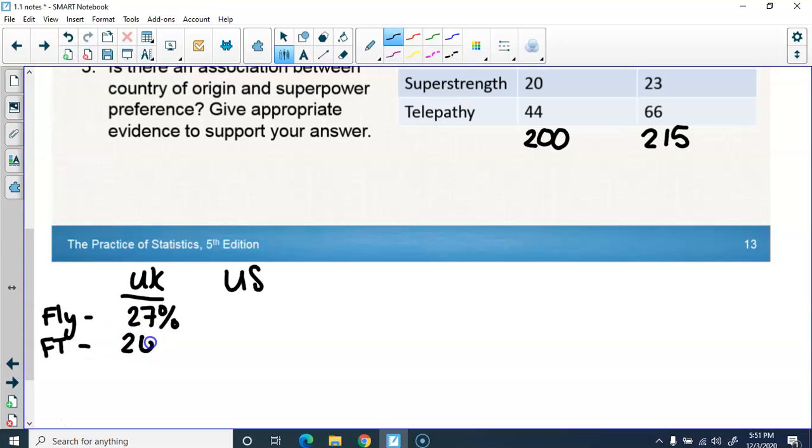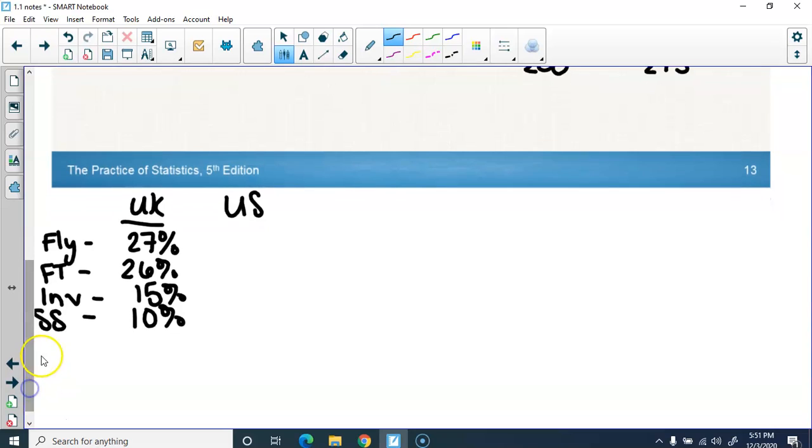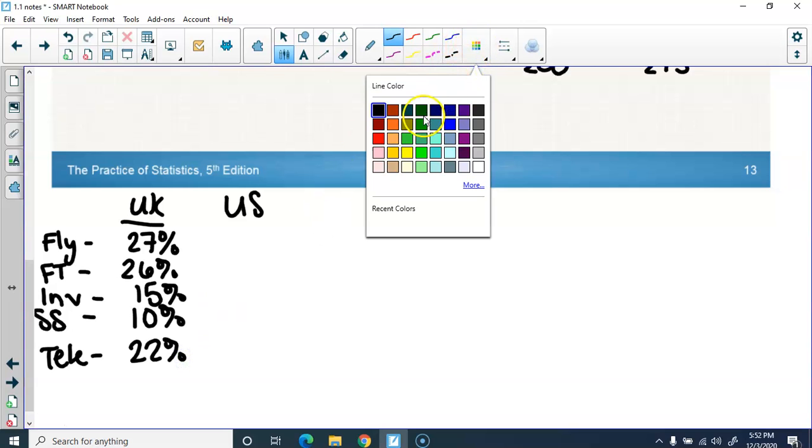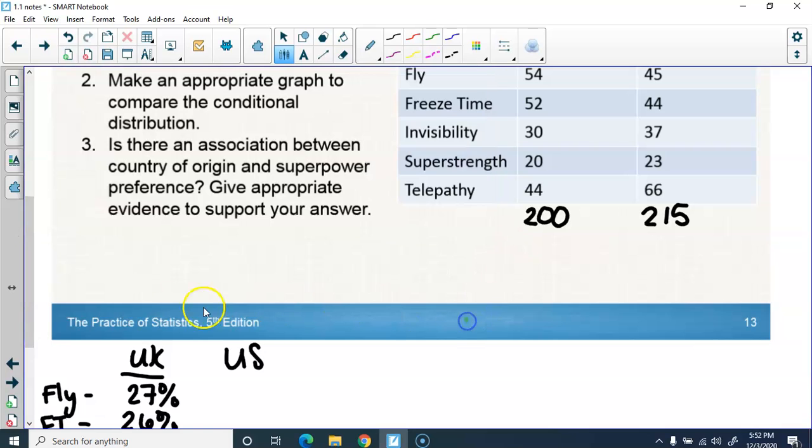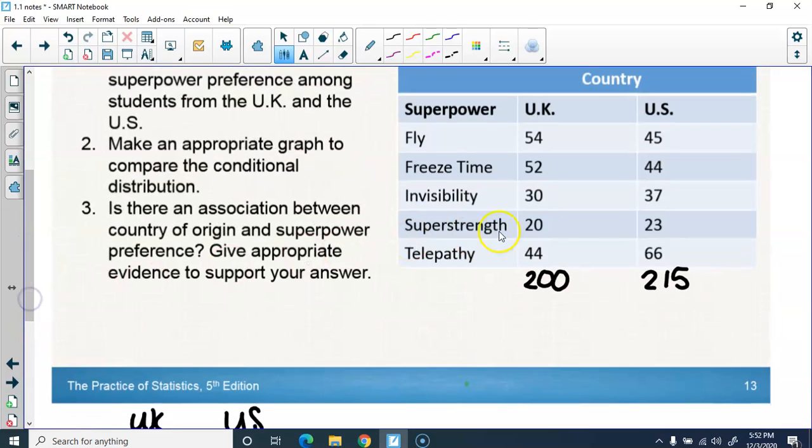I'm going to go through and do all the UK values. This is 26% for freezing time. Invisibility is 15%. Super strength is 10%. And telepathy is 22%. Now we're going to go over to the US. Keep in mind, the thing that changes here is that we are now dividing by 215.